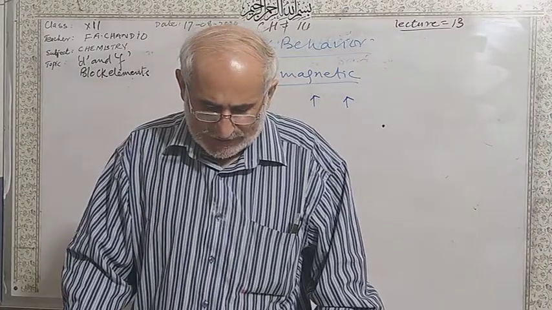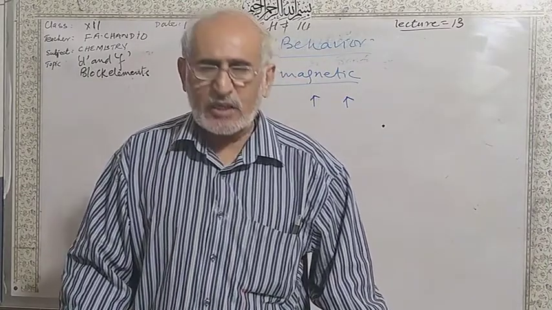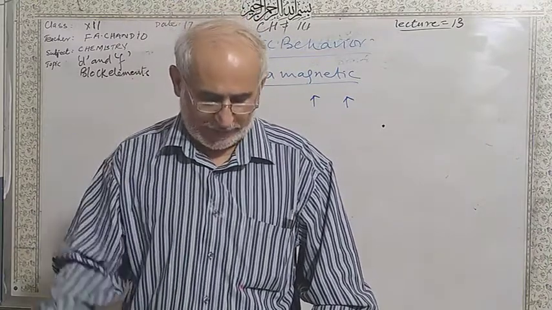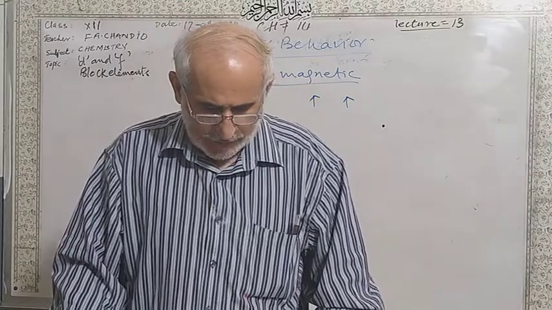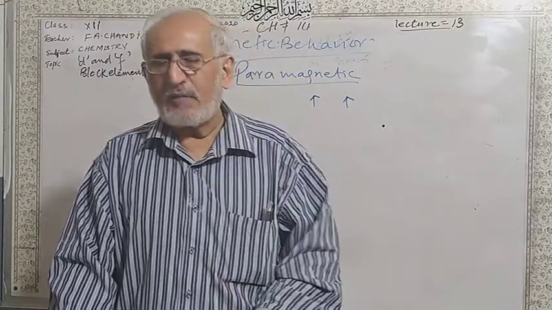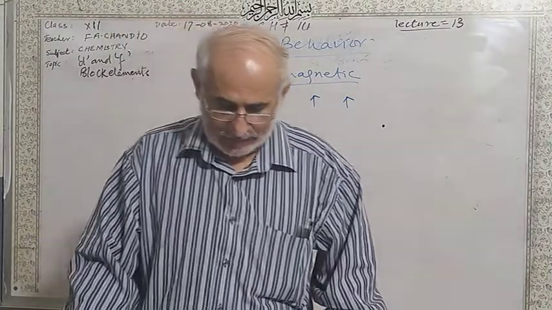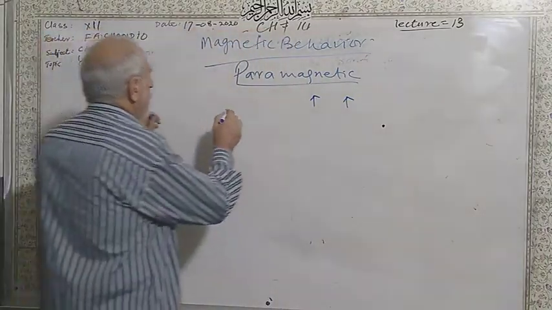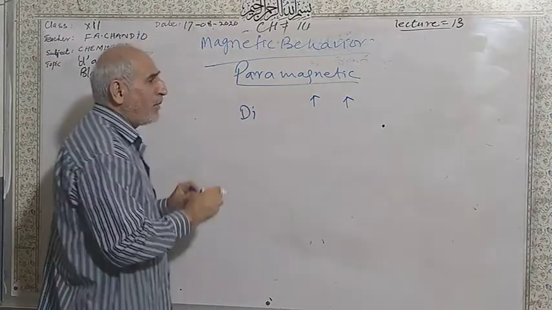The substances which can be magnetized are called ferromagnetic. They are magnetized by a magnet. Iron, cobalt, nickel are ferromagnetic. And the other one is called diamagnetic.